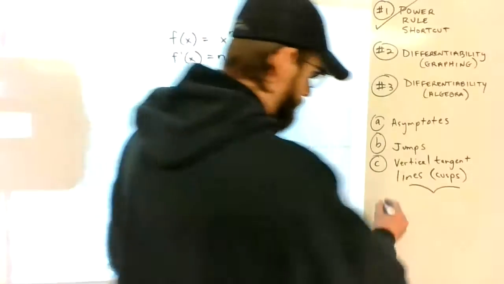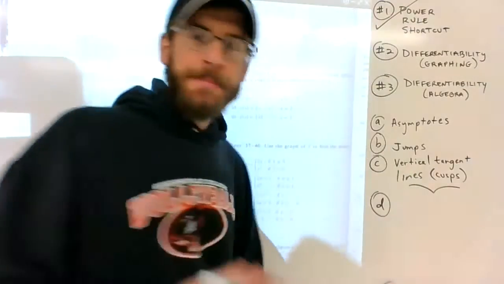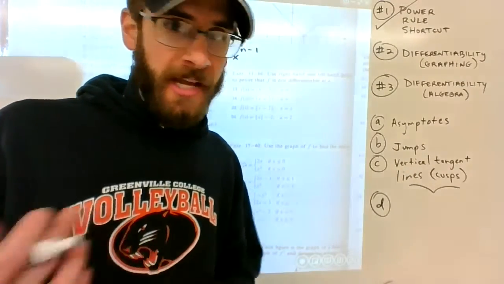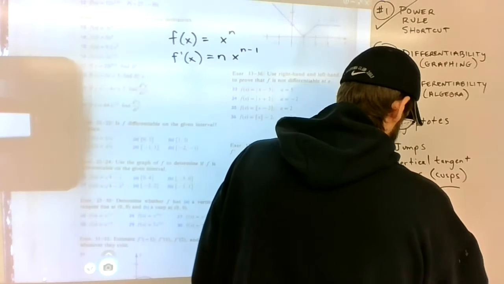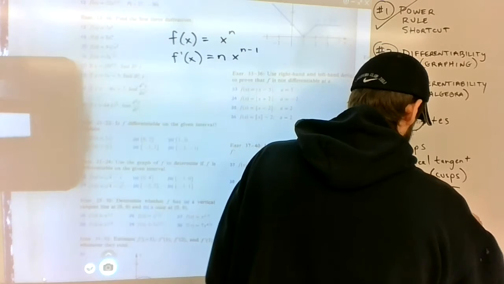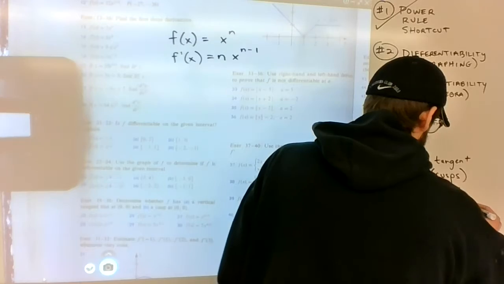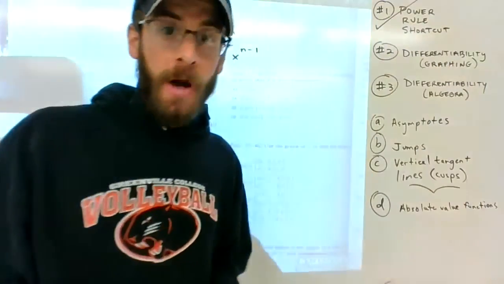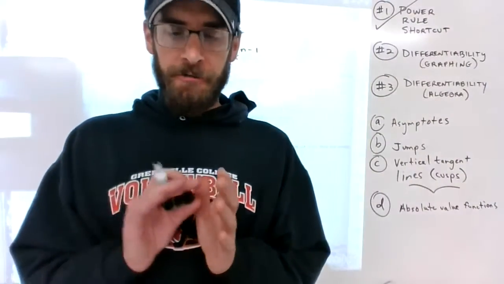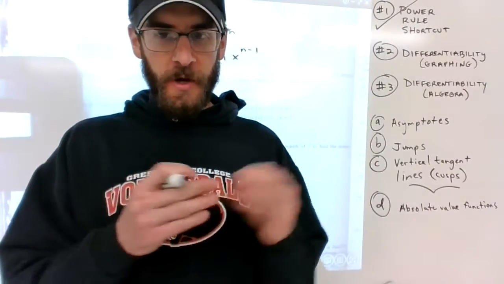We talked about how a lot of times absolute value functions would create difficulties, because they abruptly shift from one part to another.